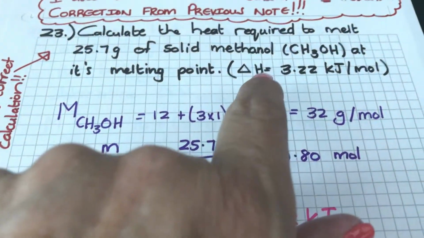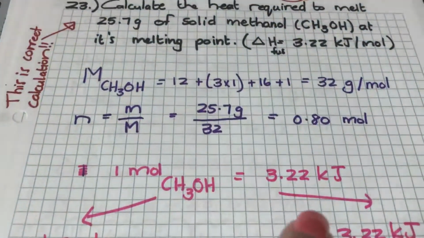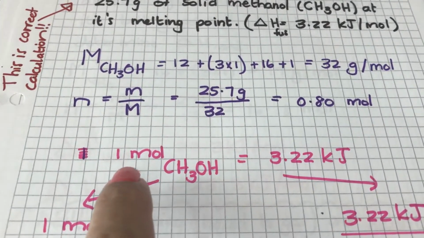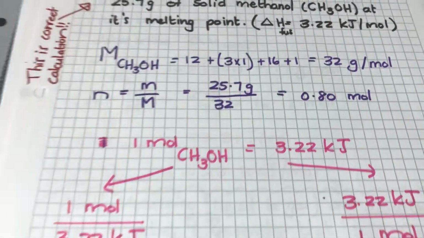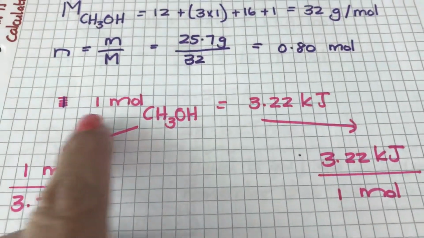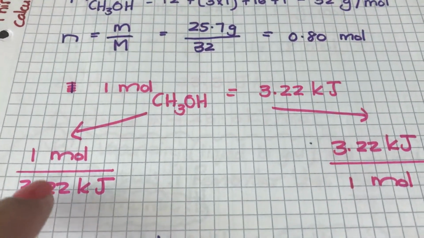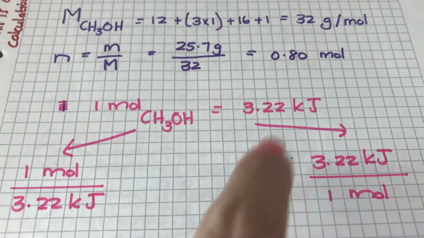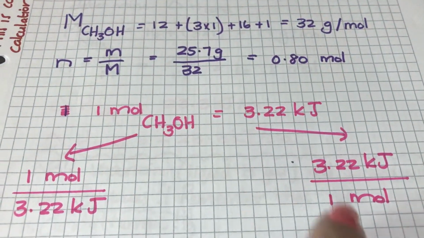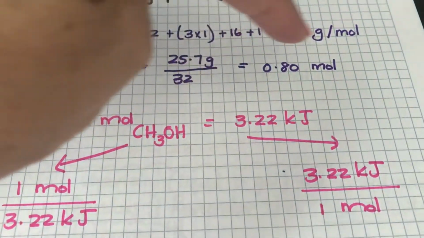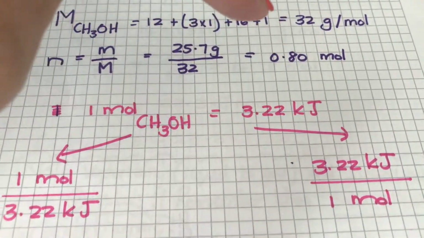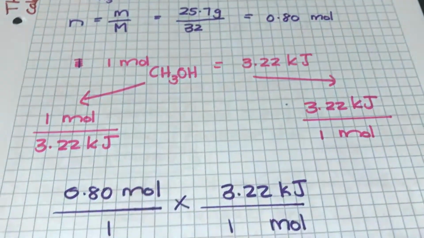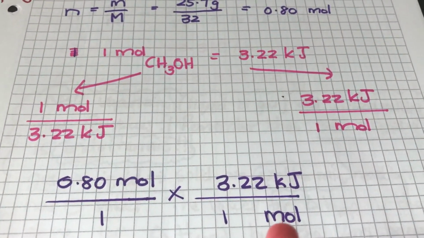Now, according to my enthalpy value, I need 3.22 kilojoules of energy for every 1 mole. So 1 mole, I need 3.22 kilojoules of energy. From this rule, I can come up with these 2 conversion factors. This over that, or this one over that one. That means I can now take this answer, 0.80 mole, and use the correct conversion factor to convert my number of moles to kilojoules.